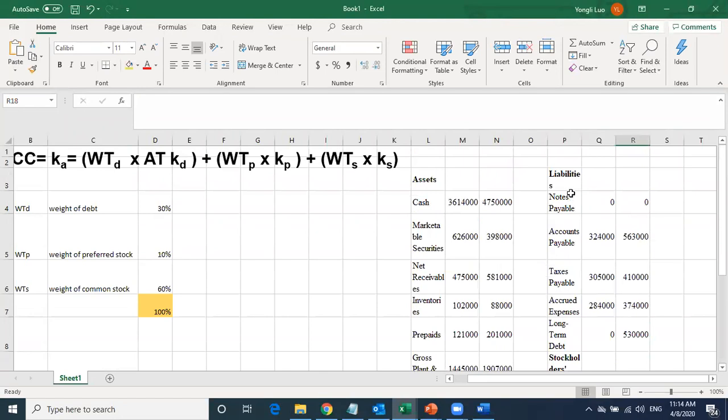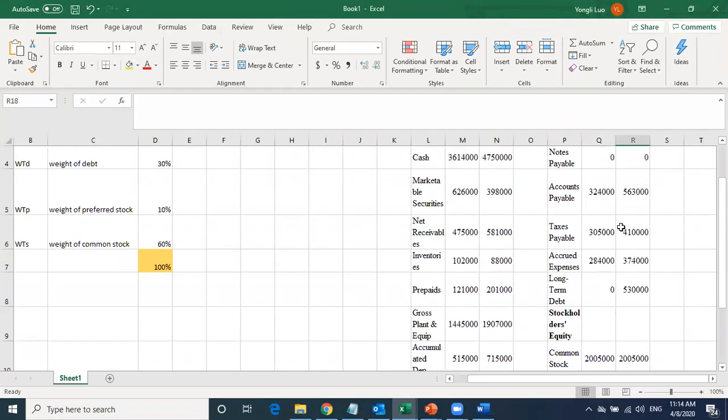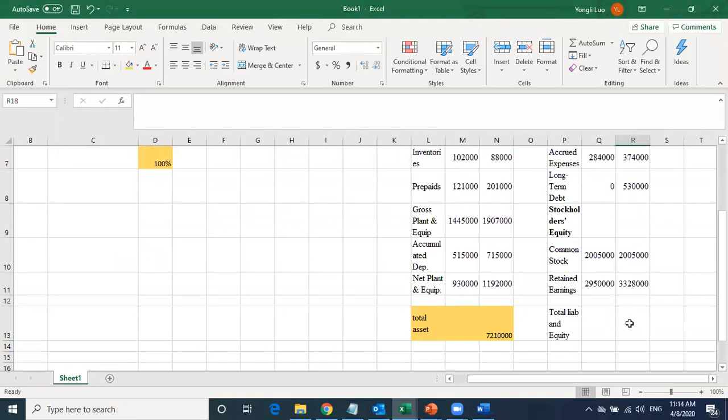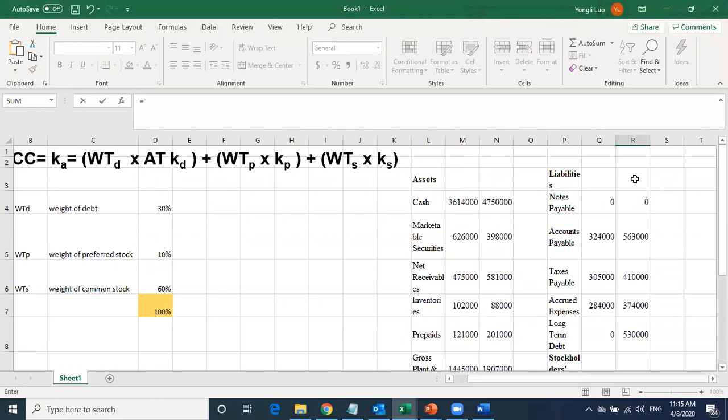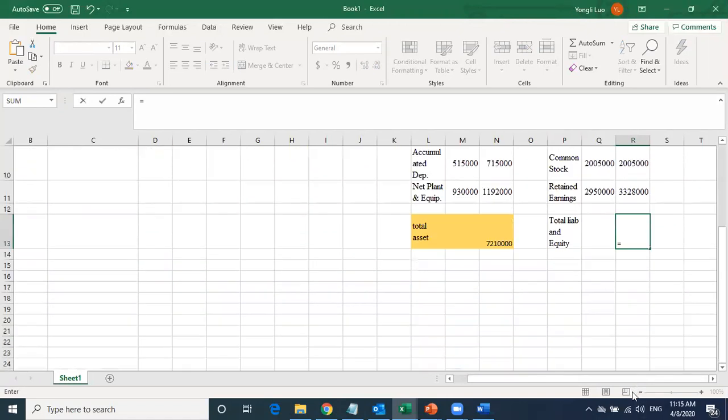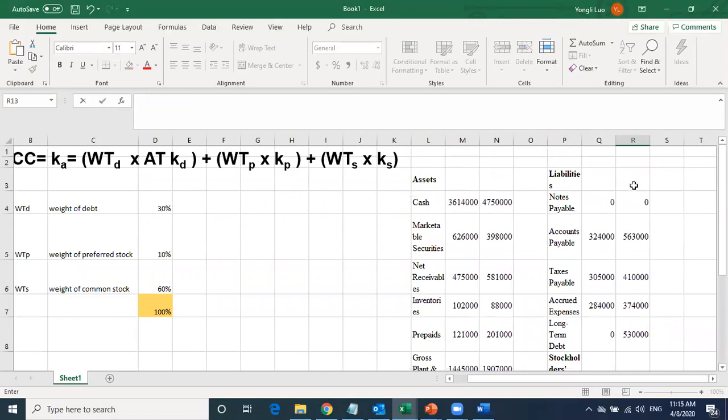So you can see your total liability and owner's equity. First, your total liability: notes payable plus accounts payable plus tax payable plus accruals plus long-term debt.